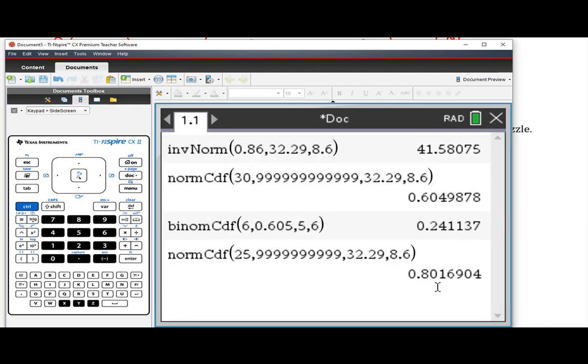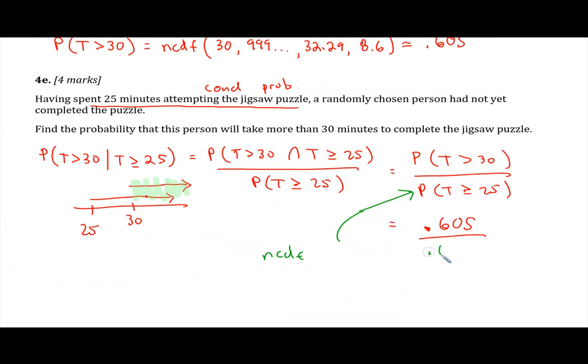And then we get 0.8016. You want to keep a lot of decimals: 0.80169. Then we just divide, and we end up with 0.755 as our final answer.